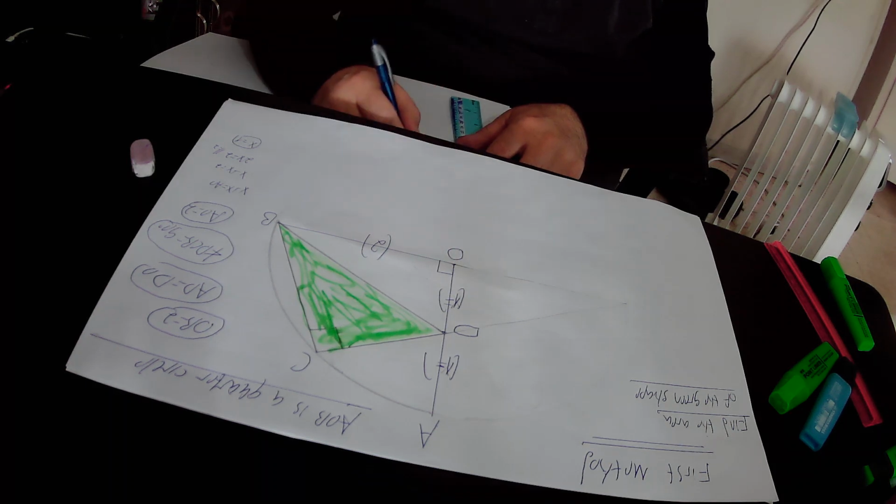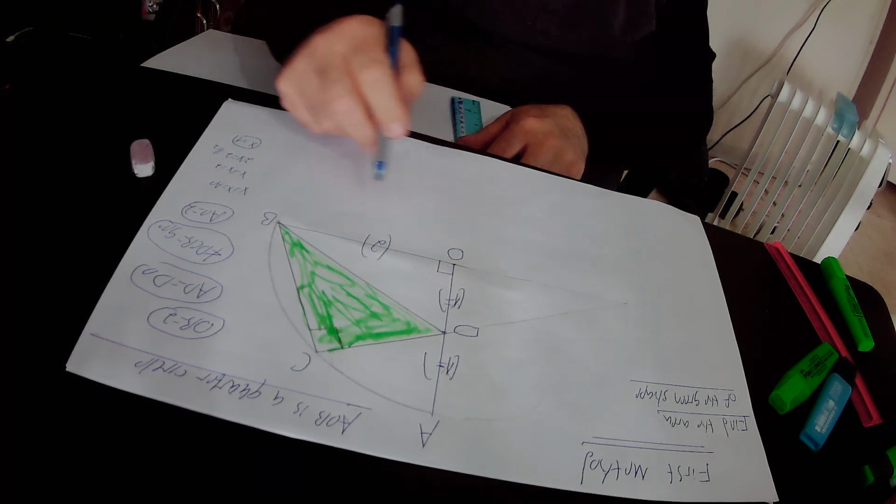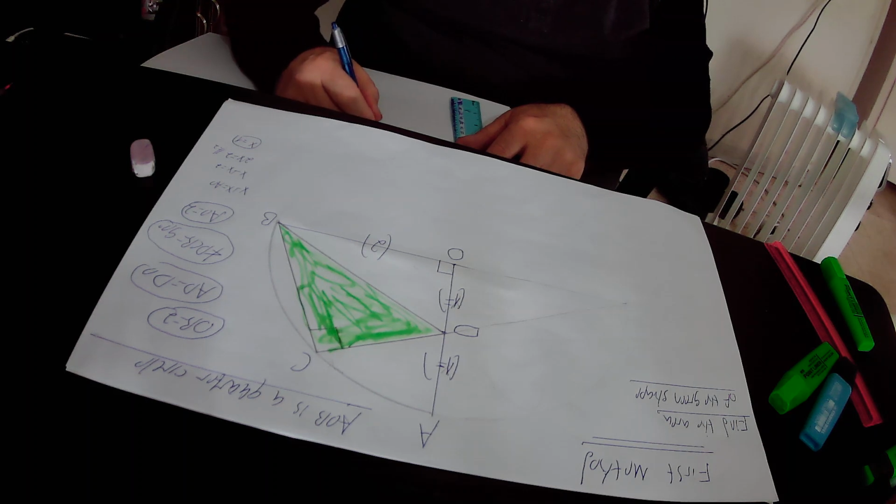Side DO equals 1 unit in length, and side OB of the right triangle DOB equals 2 units in length.